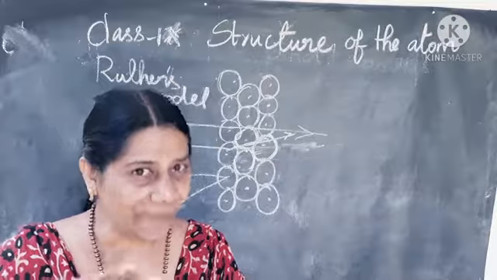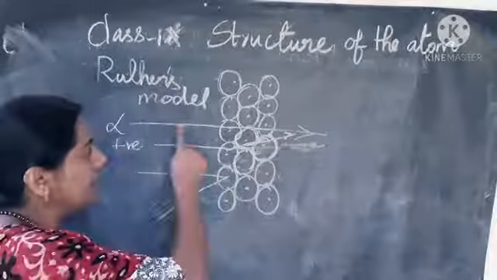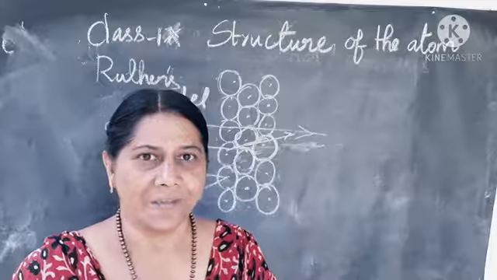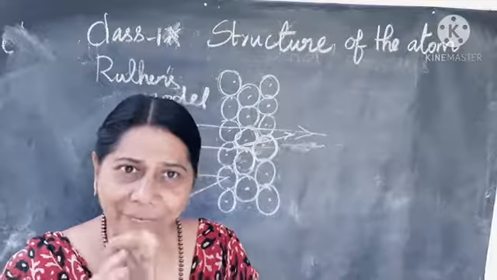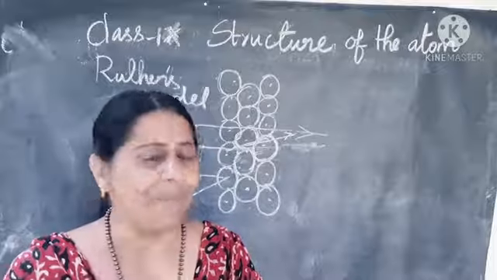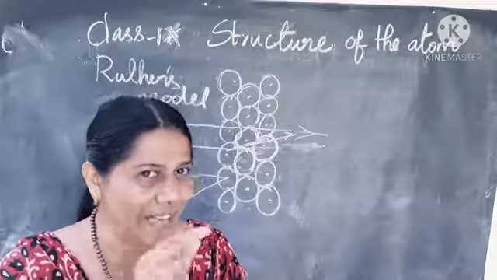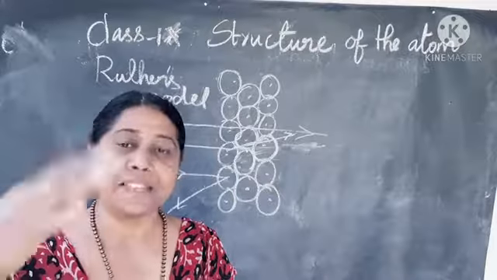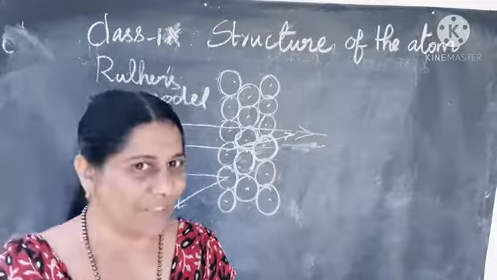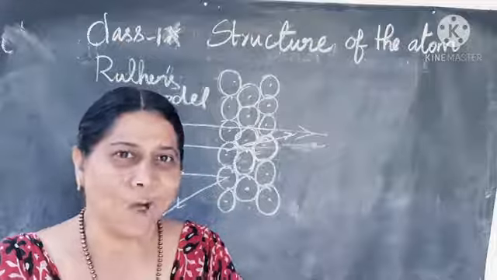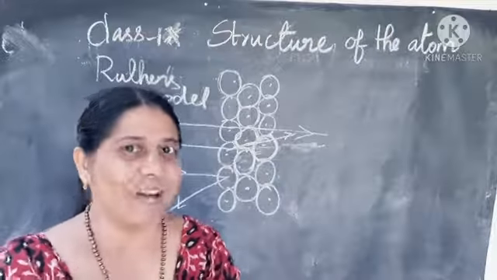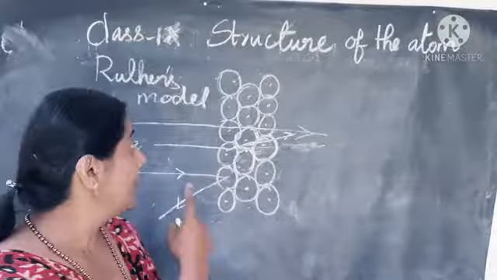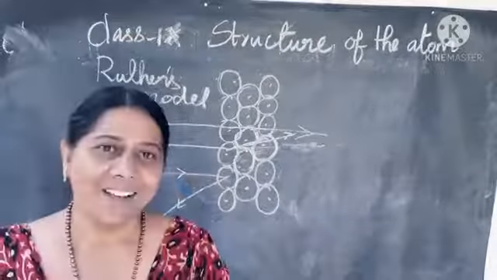That means there is a space. That's why they move as such without any deviation. And if the stone touches the end of the fencing wire, maybe there will be a small deflection in its movement. It will pass away. Otherwise, it will move to the other side of the fencing. Hope you understood the alpha ray scattering experiment and also the Rutherford model.